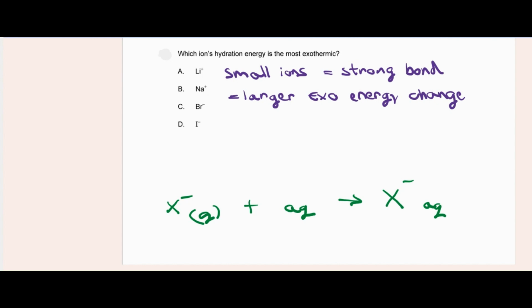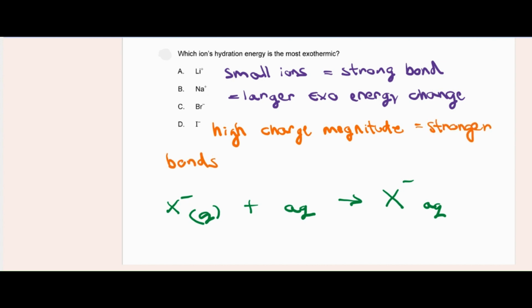So with a high charge magnitude, you'll get stronger bonds and again, greater exothermic energy change. The term charge density is occasionally used to refer to the charge volume ratio of an ion. So high charge density is associated with strong bonds.